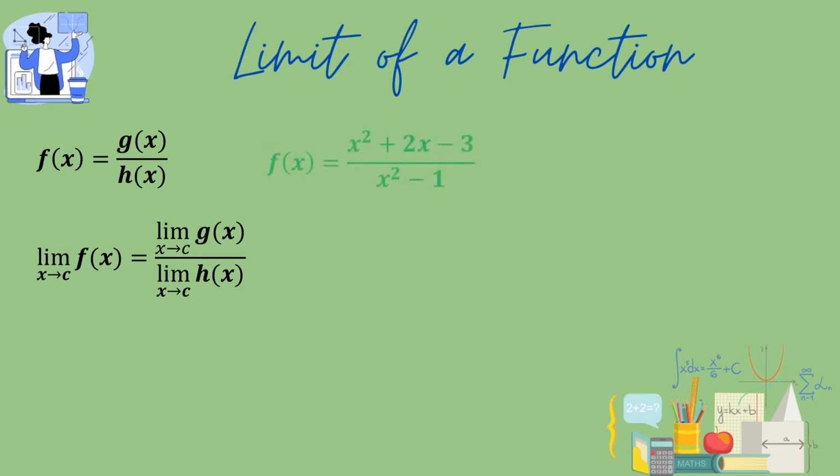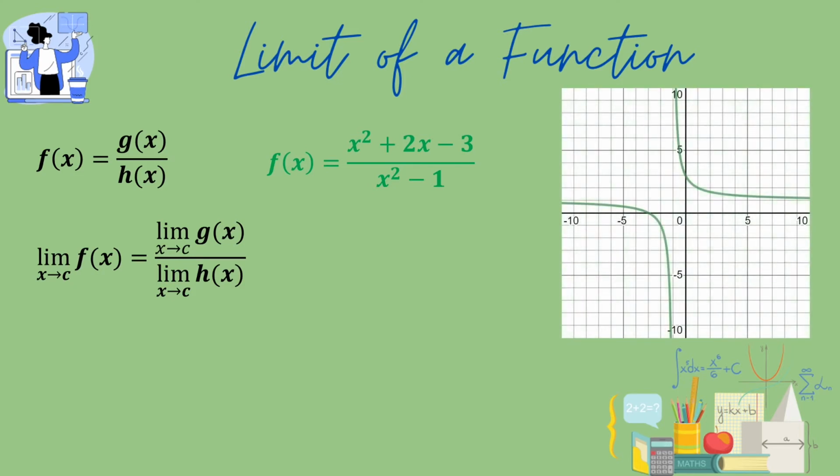Let f of x be equal to x squared plus 2x minus 3 all over quantity x squared minus 1. Looking at the graph, the limit of f of x as x approaches 0 is 3, since tracing the curve from the left and from the right of 0 both lead to the y value 3.